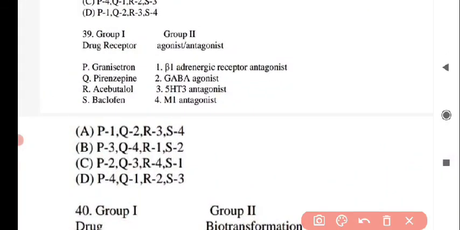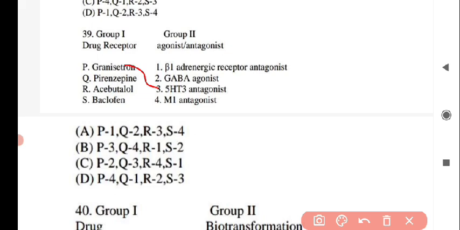Moving to next question. In this question, the group 1 contains drug receptor and the group 2 contains agonist or antagonist. So for this, the first drug receptor, that is granisetron, the correct answer is 5-HT3 antagonist.